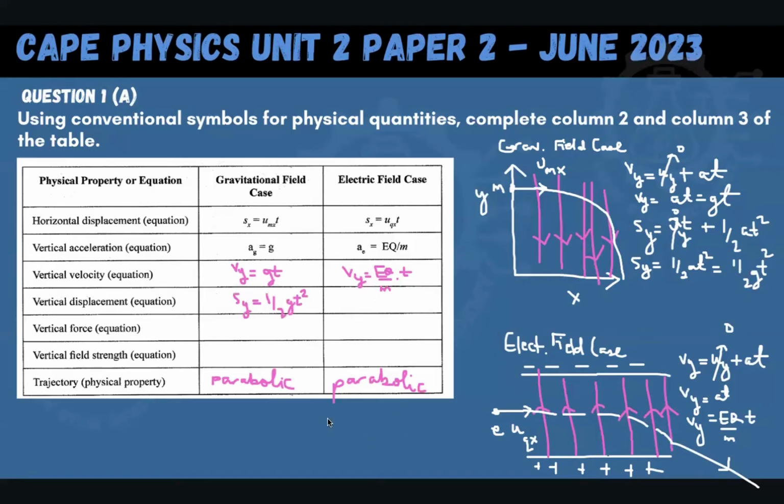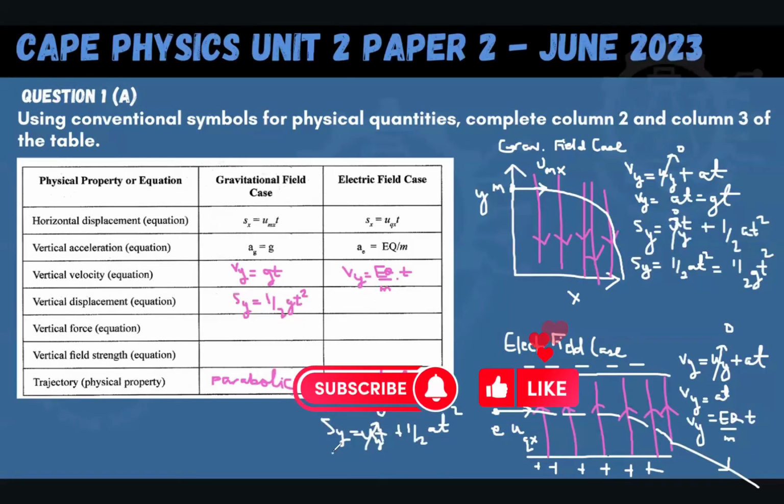Okay, so let's go to our electric field case now. So in our electric field case, again, we're going to pull for the same SY is equal to UYT plus a half AT squared. That's where we're starting from, right? Again, in the y initially, there is no velocity because it's being projected horizontally.